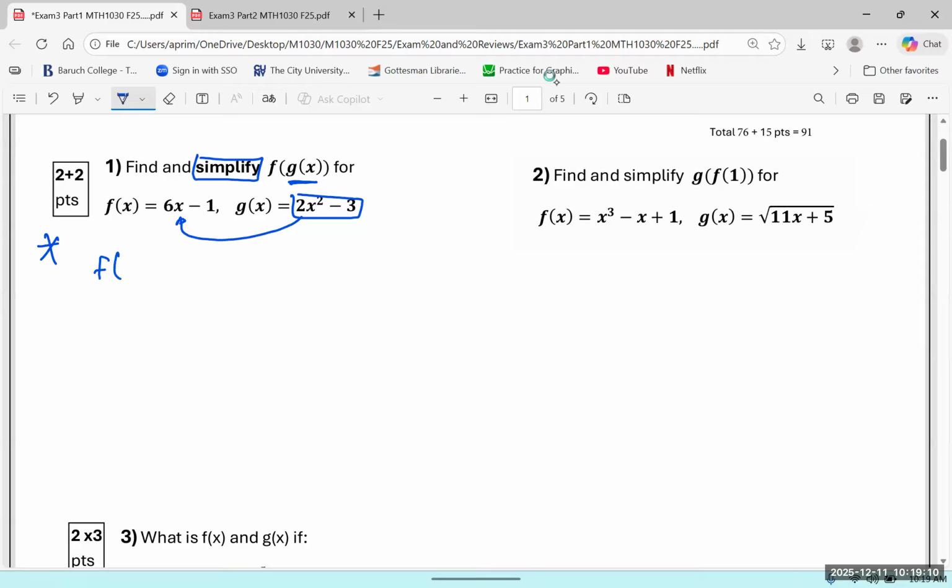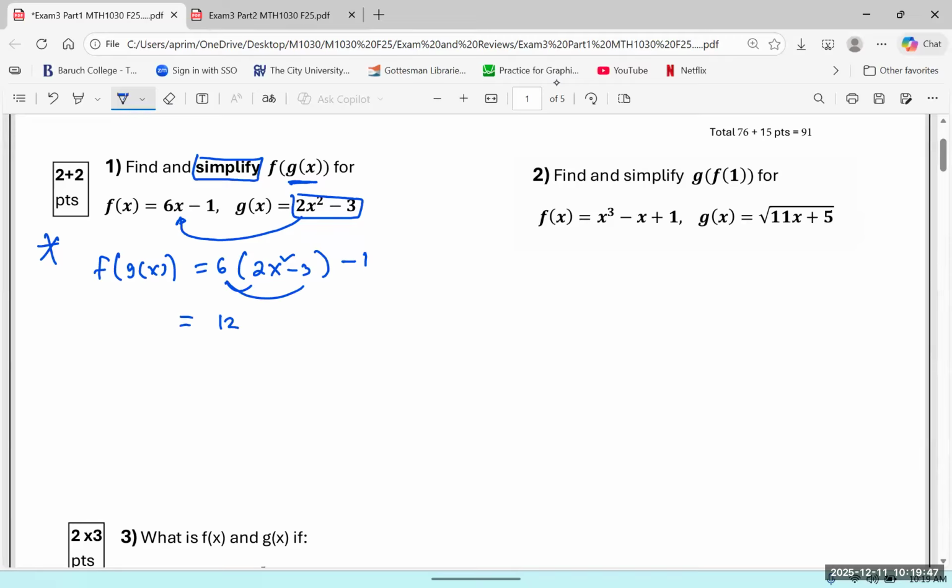So we get F of G of X as 6 times the G function minus 1. Our G function is 2x squared minus 3. And then you distribute.